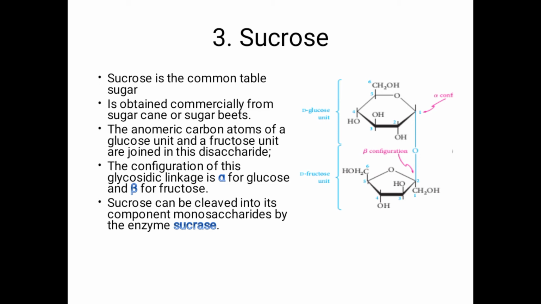Fructose is mostly observed in a 5-membered ring, and therefore this is your beta D fructofuranose. One of the carbohydrates is your alpha D glucopyranose, and the second one is your beta D fructofuranose.